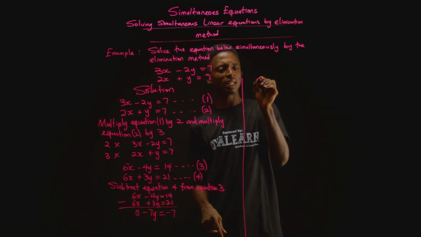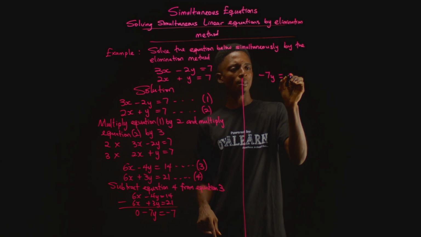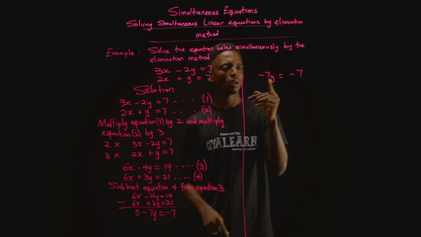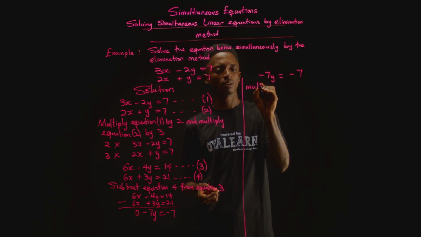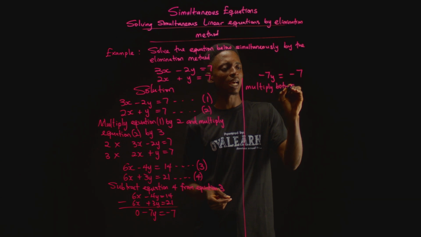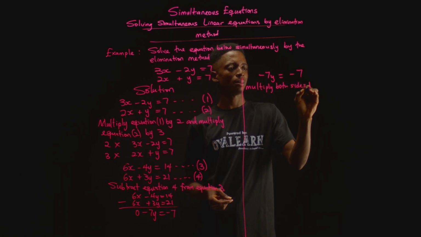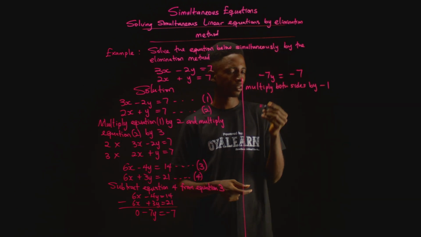Now, from here we can then say minus 7y equals minus 7. We have negative sign on both sides, so we multiply both sides by minus 1 in order to get a positive y.